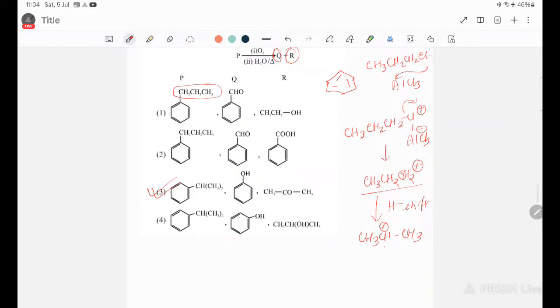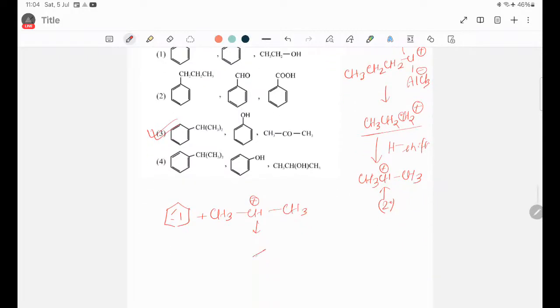This is the 2-degree carbocation. Now this phenyl ring can attack the 2-degree carbocation, and you will get this structure, CH with two CH3.